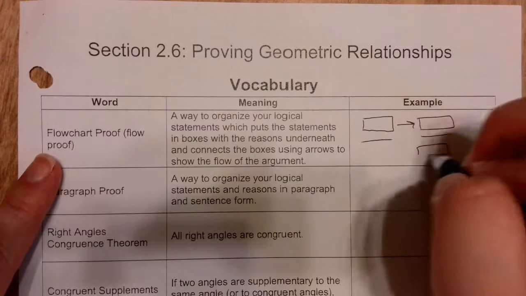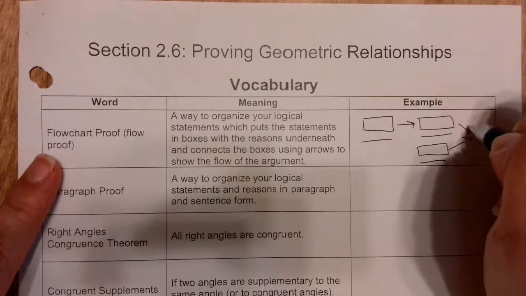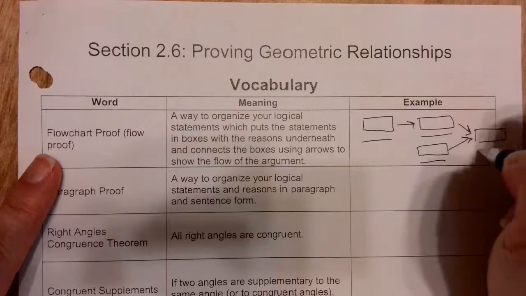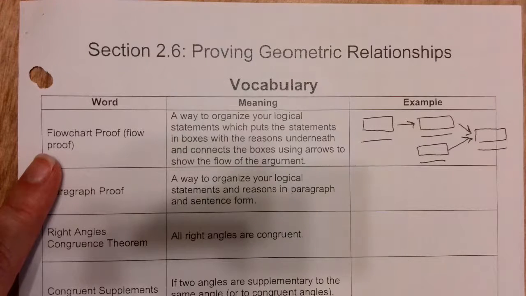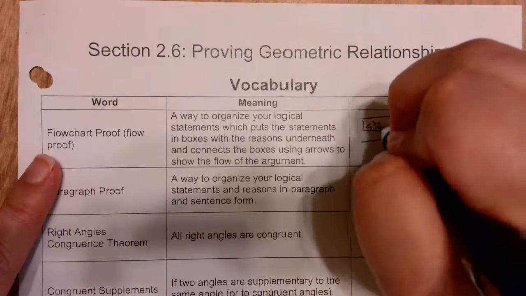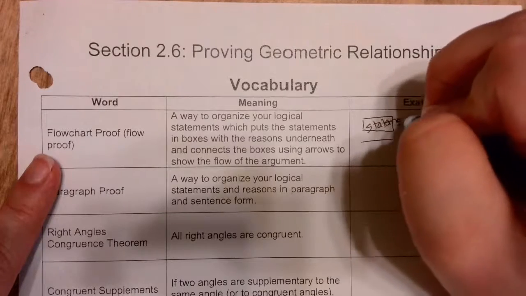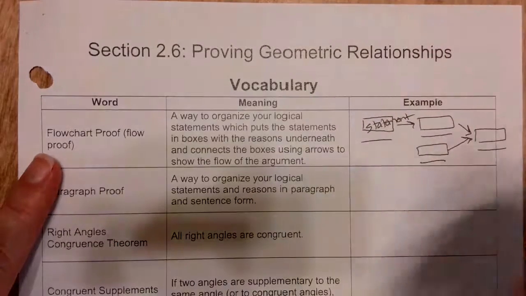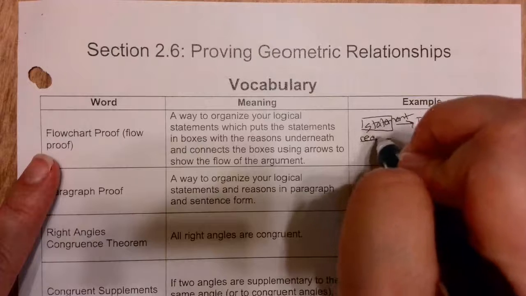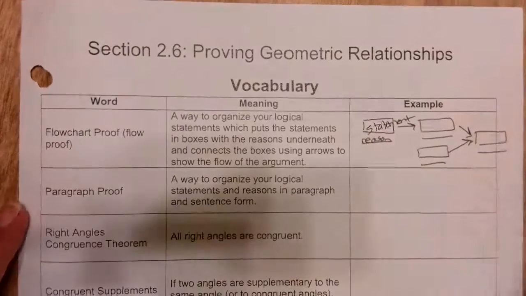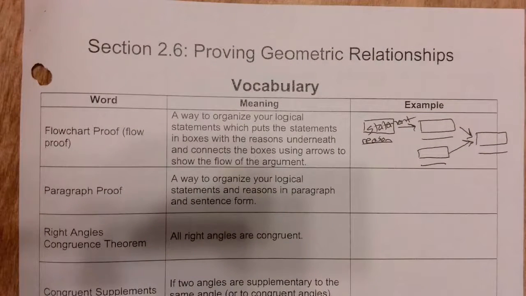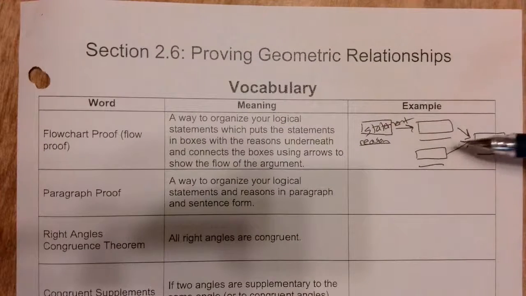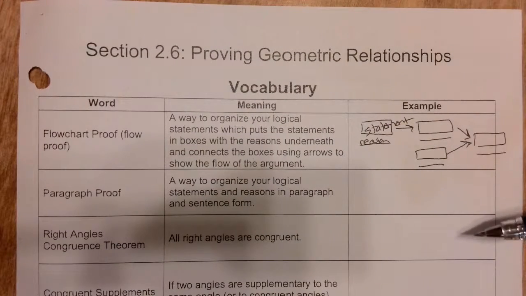And maybe you have 2 boxes that come into one box. And what goes in the box is the statement. And underneath the box is the reason. Now the words themselves, the actual statements and reasons, would be the exact same words and symbols that you would put in the 2-column proof. This is just in more of a picture form versus a list.